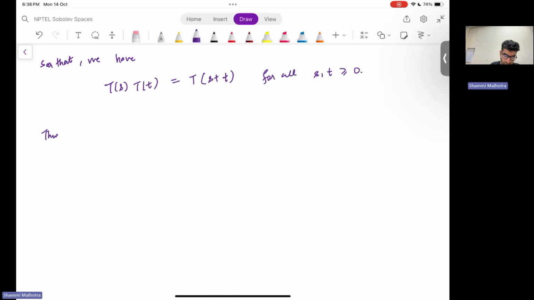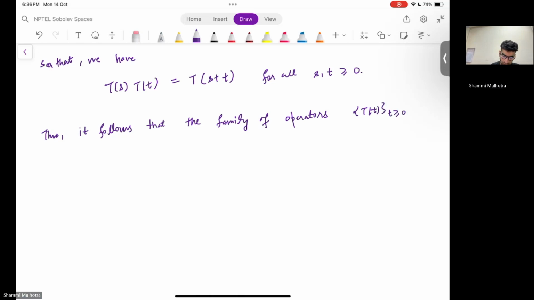Thus, it follows that the family of operators T(t), t greater than or equal to 0, forms a semigroup of operators.